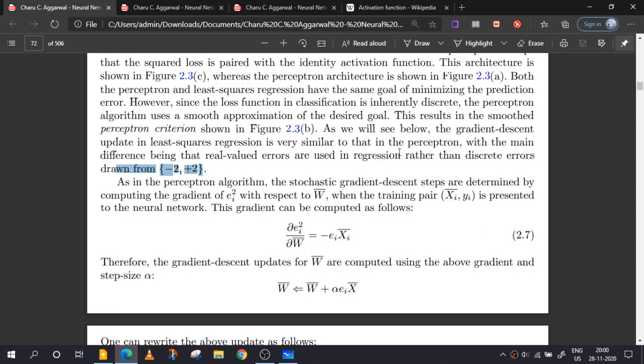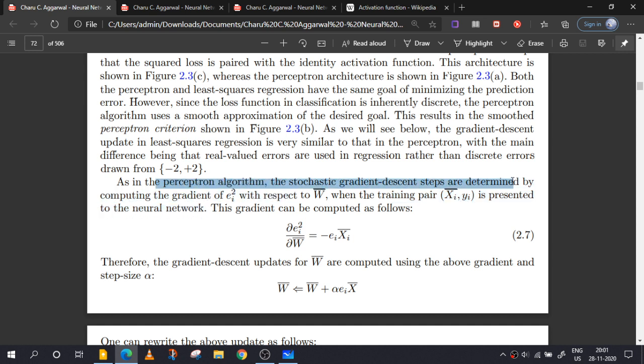So he's saying the biggest difference is the perceptron is binary, and linear regression is in a range. As in the perceptron algorithm, the stochastic gradient descent steps are determined by computing the gradient of e_i squared with respect to w when the training pair x_i, y_i is presented to the neural network.